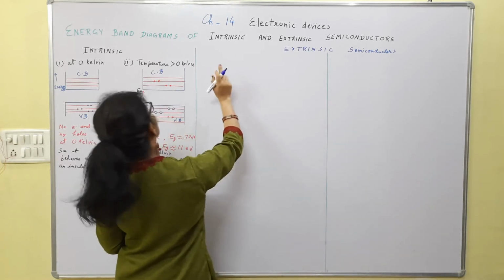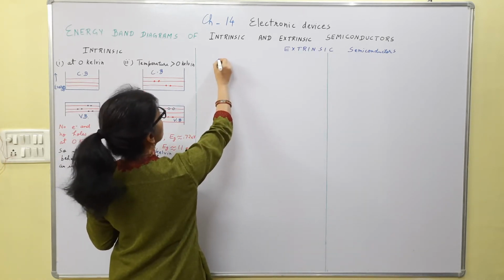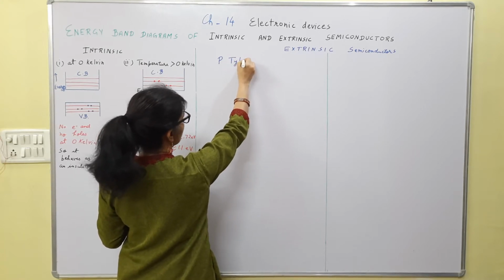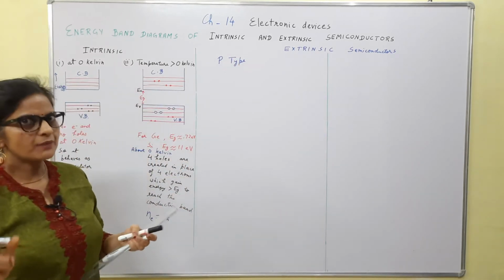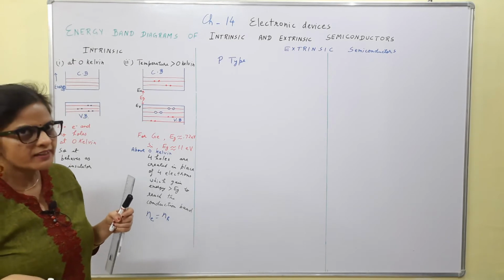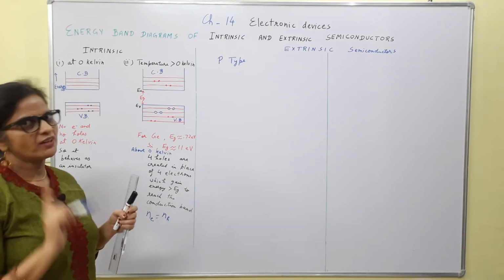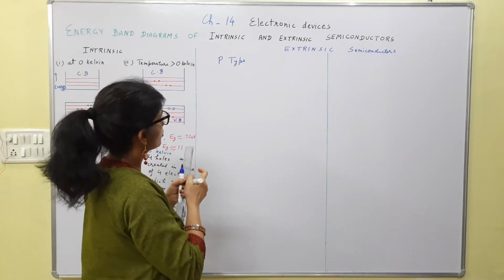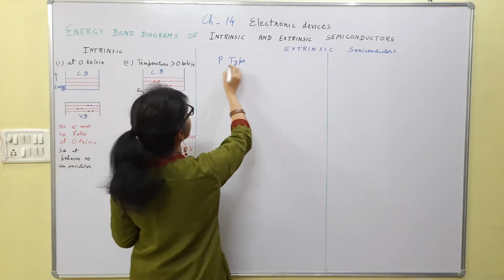First I am writing here p-type. We know that in a p-type semiconductor, trivalent impurity is added. So we'll just mention it because we need to use that concept here.